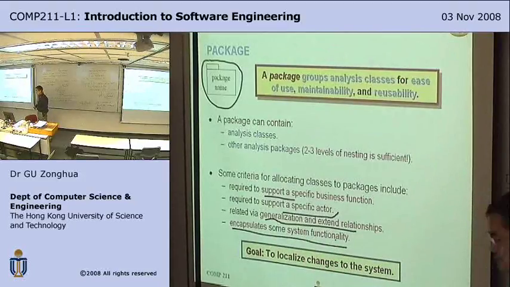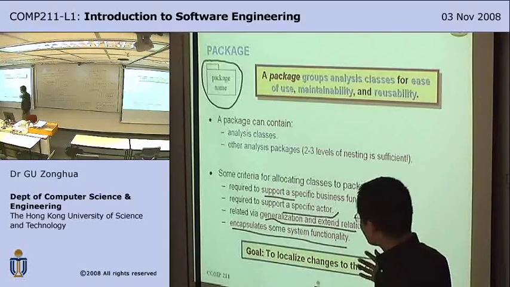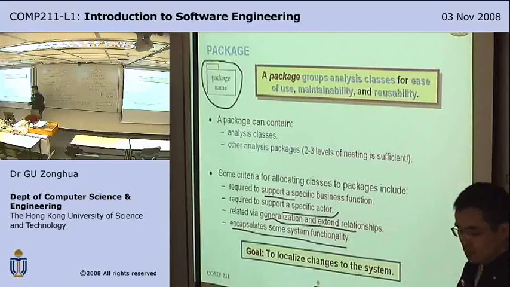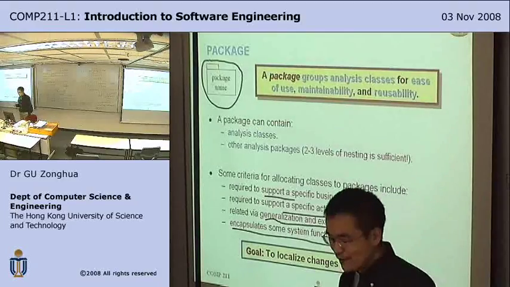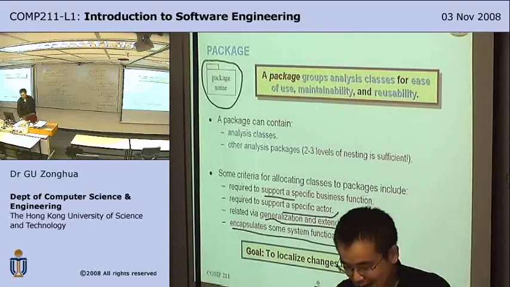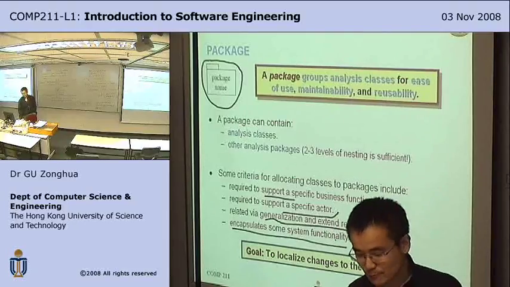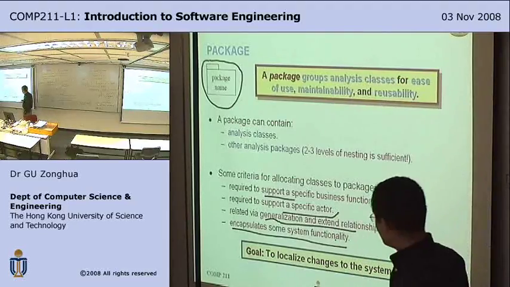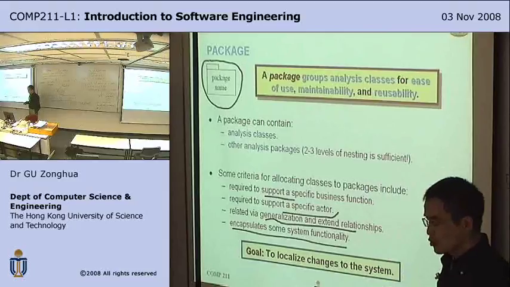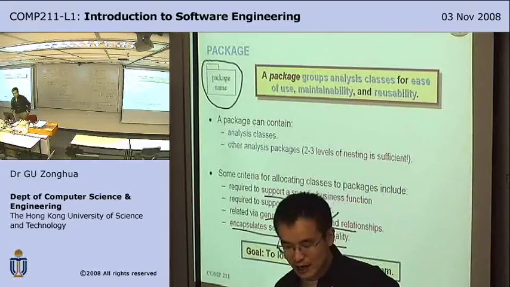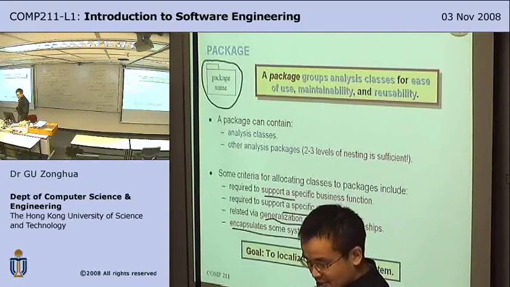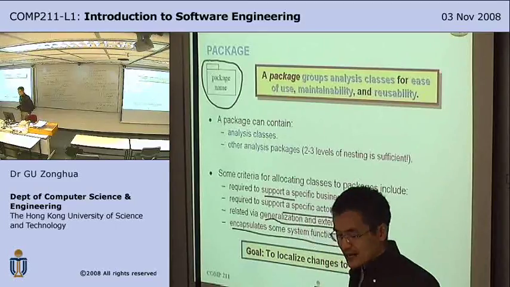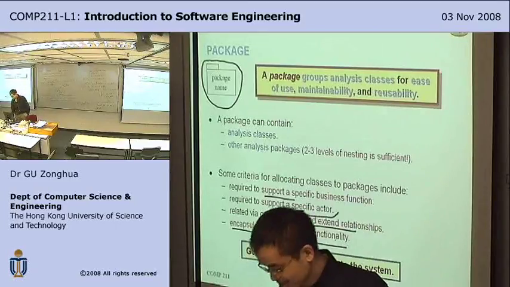We'll show next that a package can have different parts as private and public. If you minimize the public parts, then you minimize the coupling and localize changes. So if you change the private parts of the package, you don't have to affect the other packages.